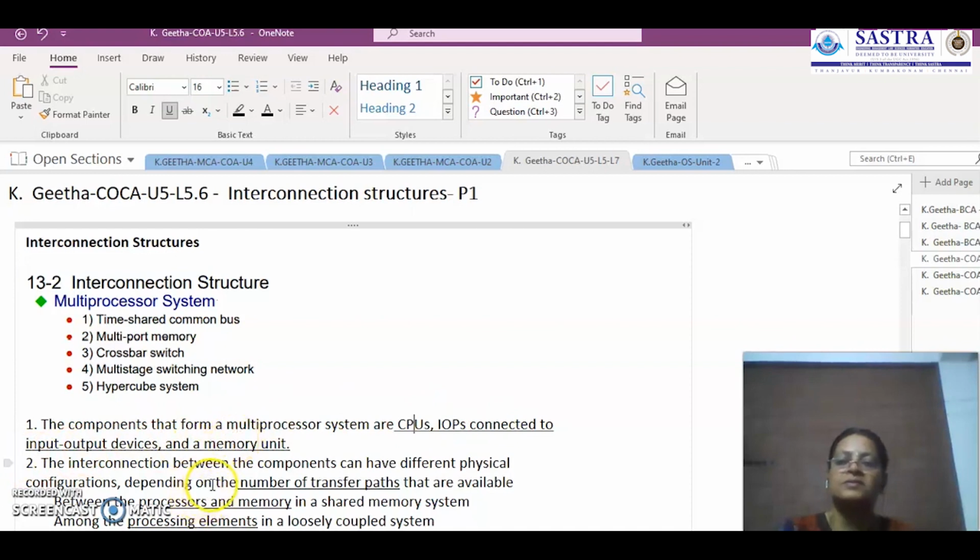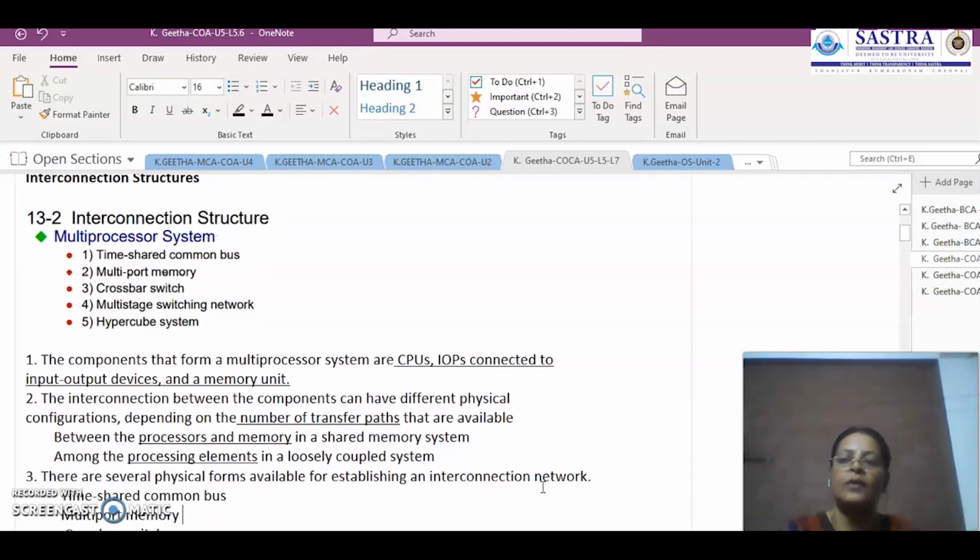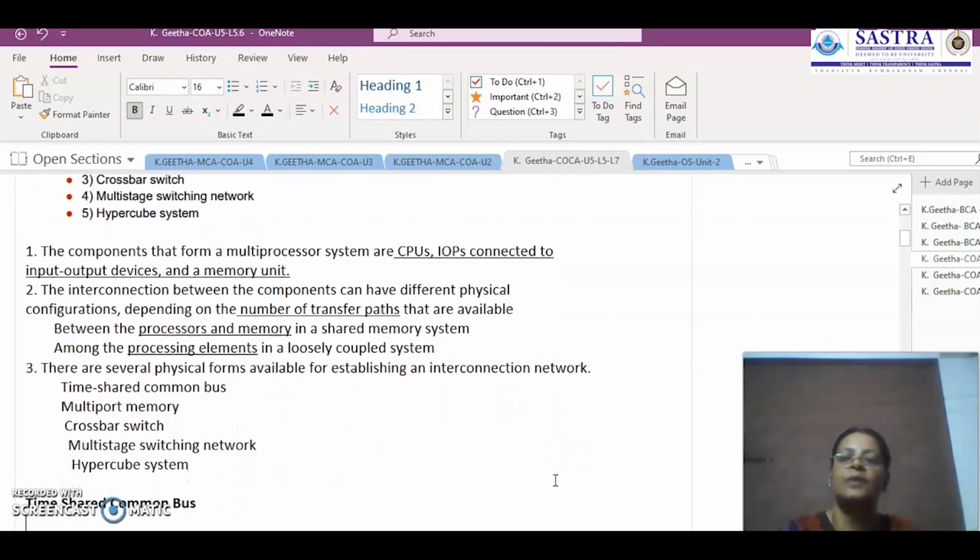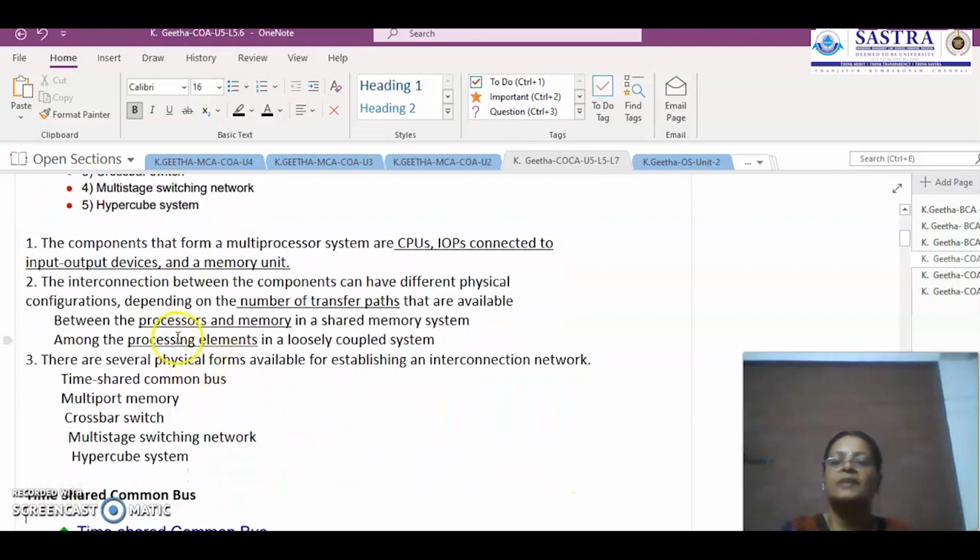The interconnection structure will differ from each other based on the number of transfer paths that are available, and also the configuration which we are going to make use of. We will have connections between the processors and the memory, and all these processors can share the memory, so it comes under the category of shared memory system, which is also referred to as a tightly coupled system.